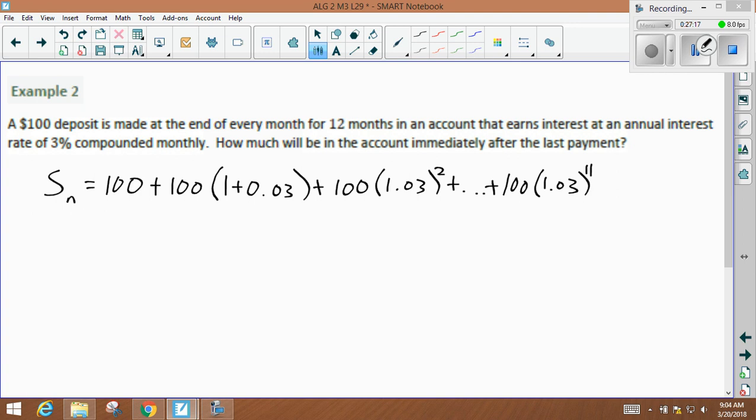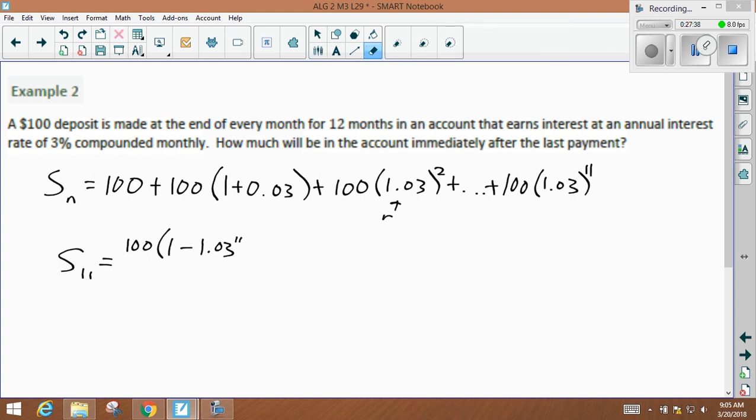Okay, so if I want to figure out what that sum is, I'm looking at S sub 11, which is going to be 100 a sub 1 times 1 minus r, which is that, right? So 1.03 to the 11th power. Oh, what do I keep doing that? We want S sub 12. I keep doing it.